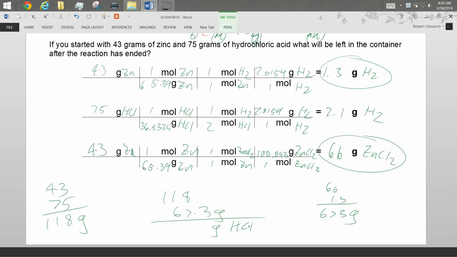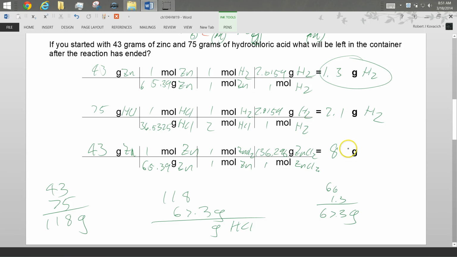For the third one? Yeah, I mean, you still do it the same way, but I think maybe I got 89 grams because I got for zinc chloride like 134 or something. 136, yeah. Oh, the multiplication sign did not go in there again. Dang it. Yeah, 136. So this is 136.296 times 43 divided by 65.39.